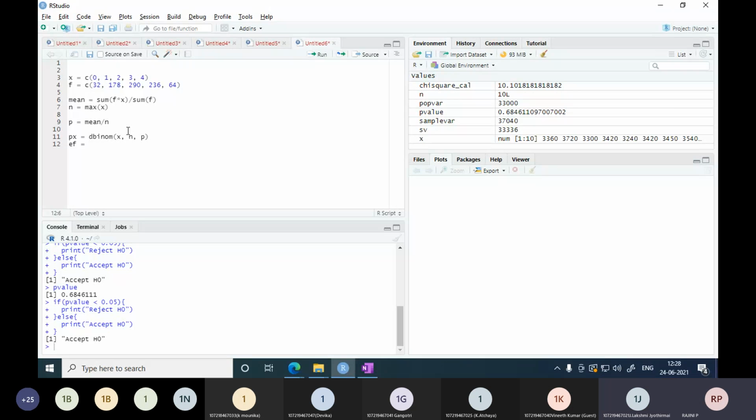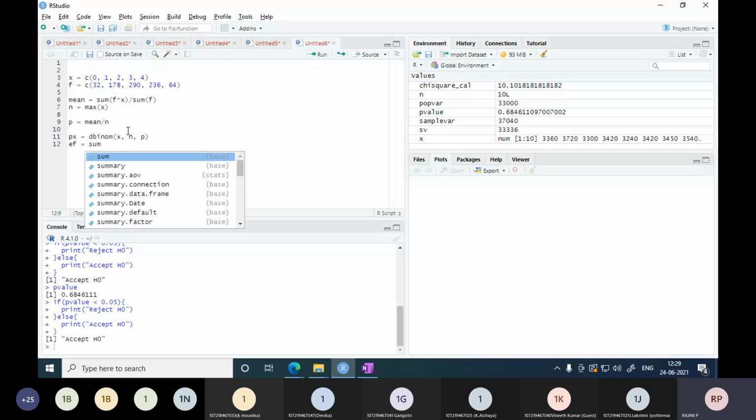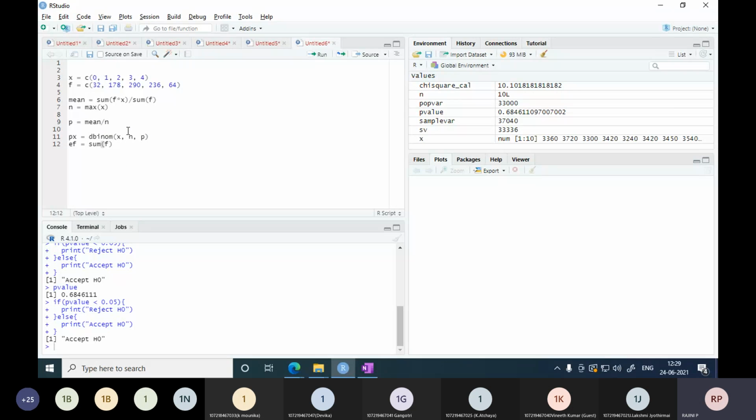N into P of x, where capital N means the total frequency, that is the sum of f, into px. Okay, so we got the expected frequencies, and f means the observed frequencies. Now go for the chi-square test.